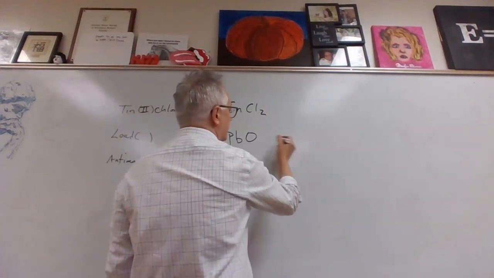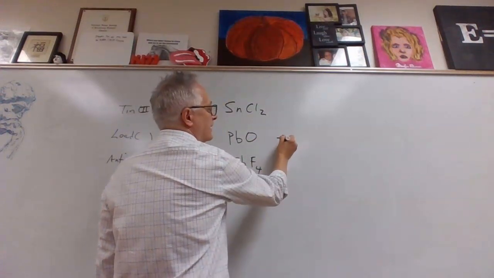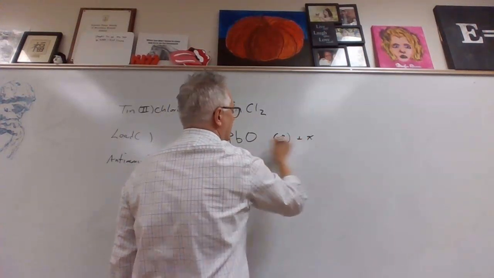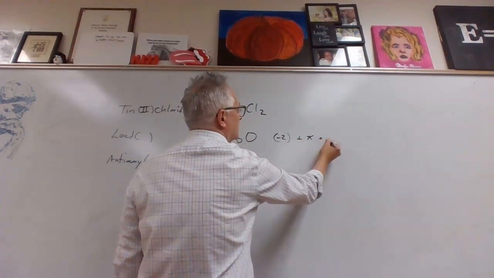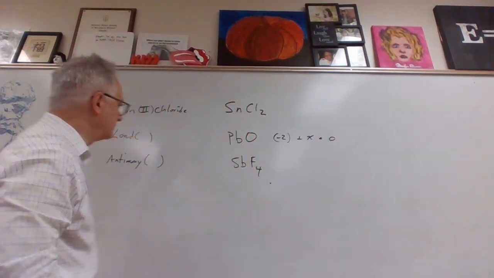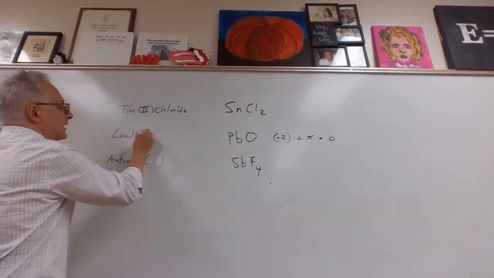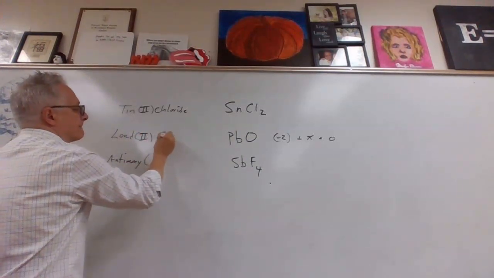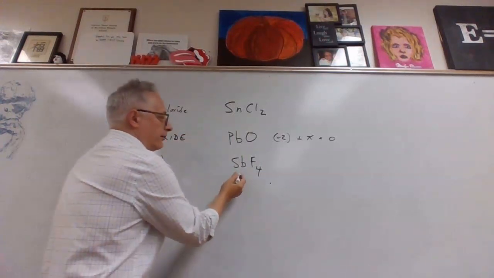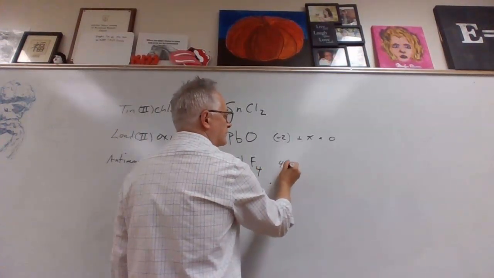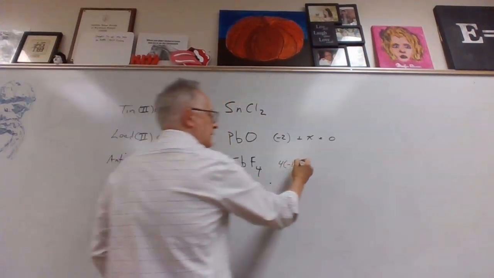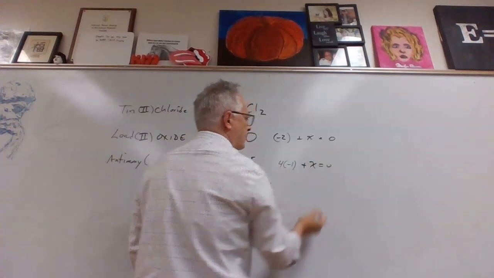So this one, oxide is a -2, plus x, I only have one of them, is equal to 0. Well, then lead's going to be +2 again. Lead 2 oxide. And over here, if you want to do it this way, I've got 4 times -1, because you know fluoride always has a -1 charge, plus x equals 0.